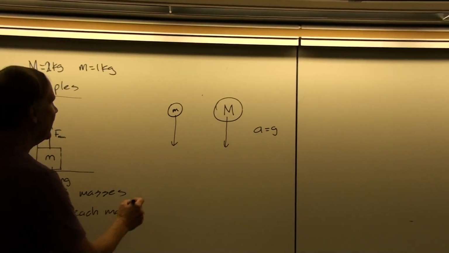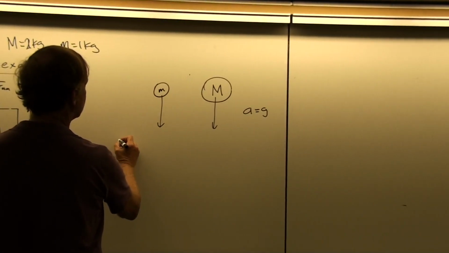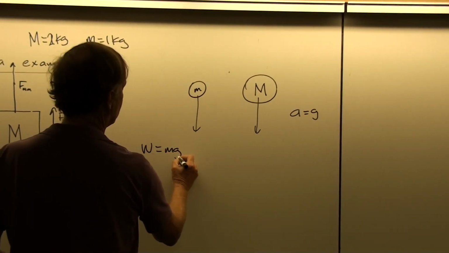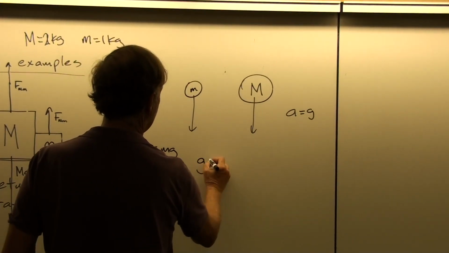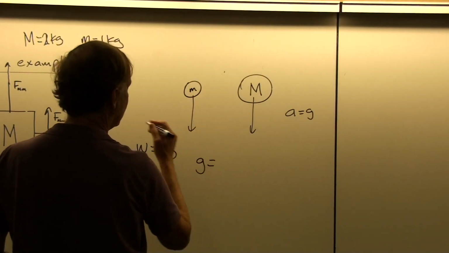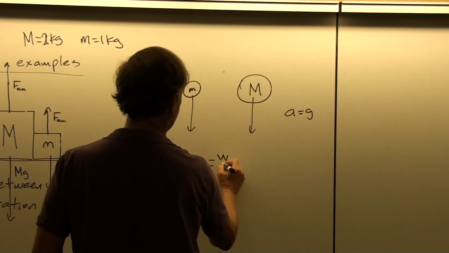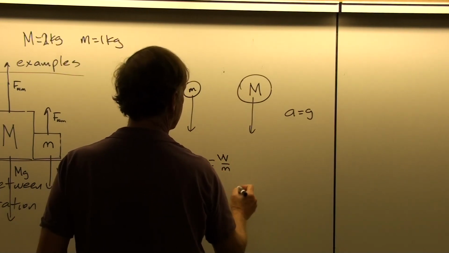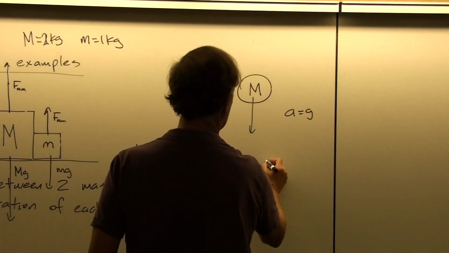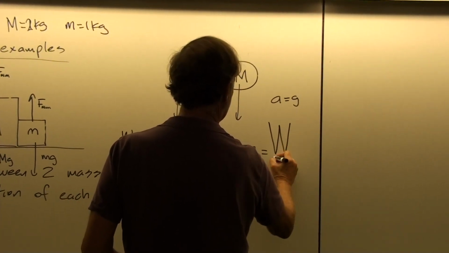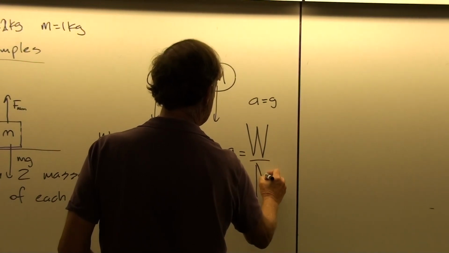The answer is yes, because our weight is equal to mg. So that means that g is equal to, in this case, a small weight divided by a small mass. In this case, g is going to be a big weight divided by a big mass.